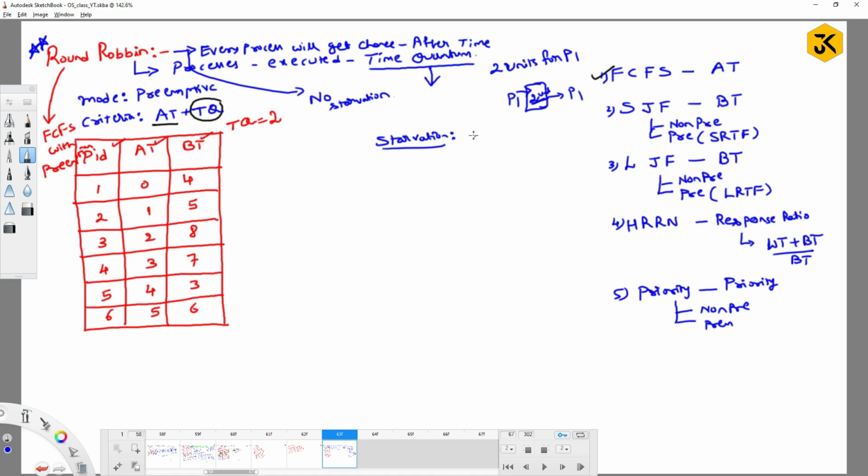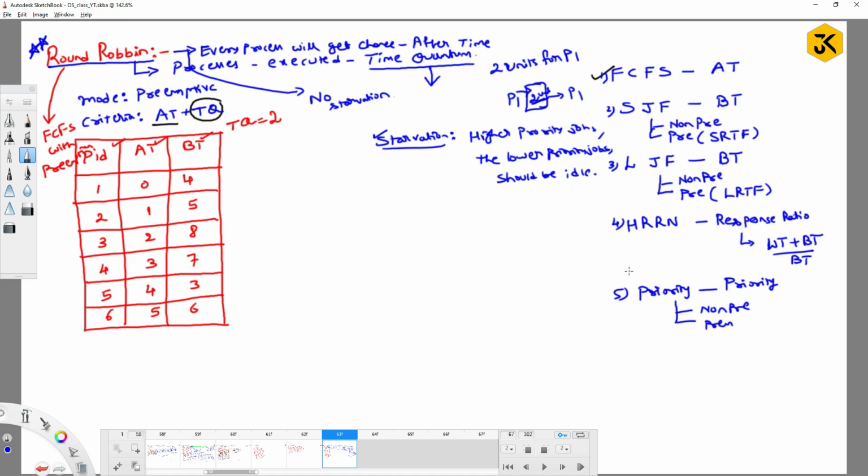When higher priority jobs keep arriving, the lower priority jobs stay idle for a long time, meaning they won't get the chance. That is what we call starvation. That is not going to happen in the round robin algorithm.